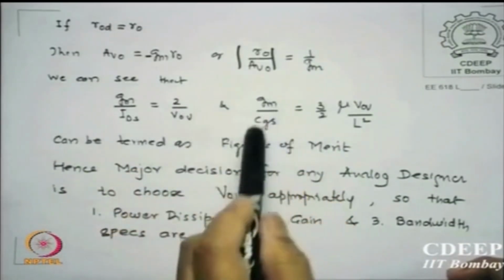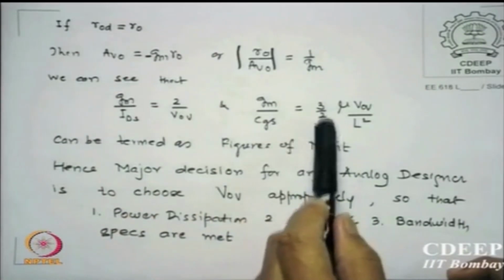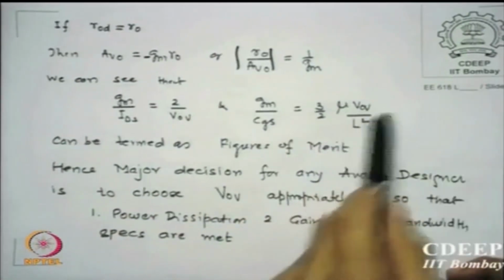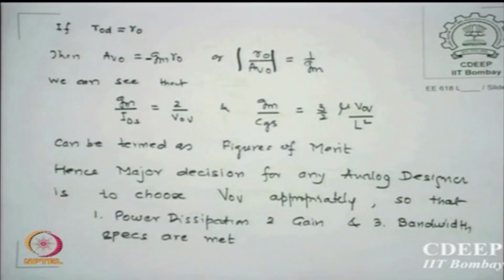GM by CGS is 3 by 2 mu V by L square, which I had derived last time. These two terms I will call figures of merit for analog designers. I repeat, which are the two terms I am going to design for? GM by IDS and GM by CGS.